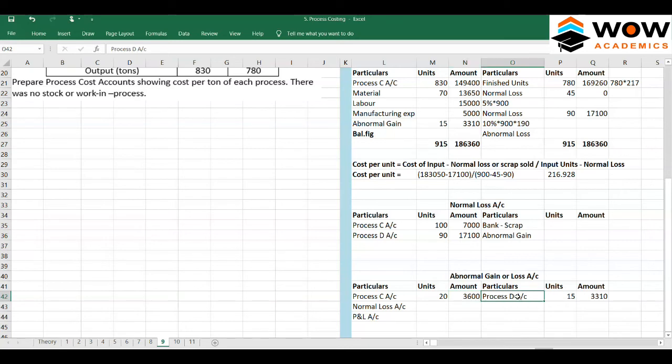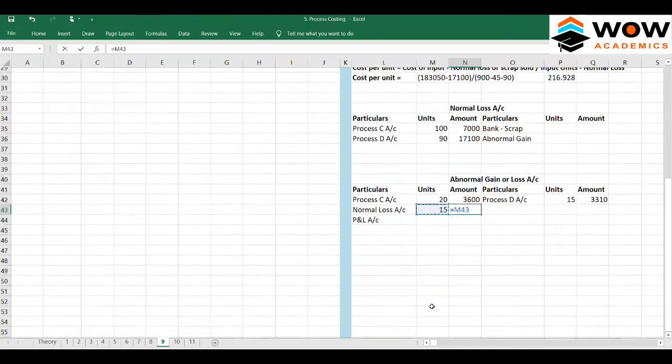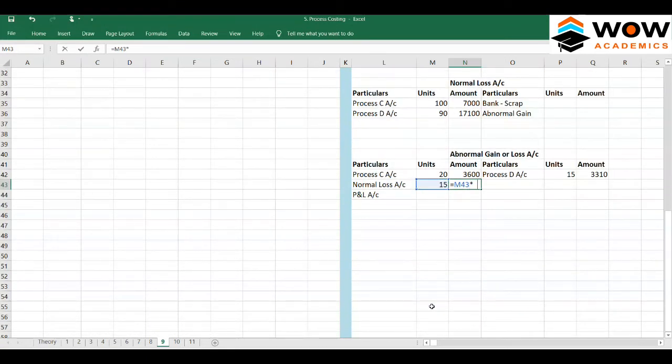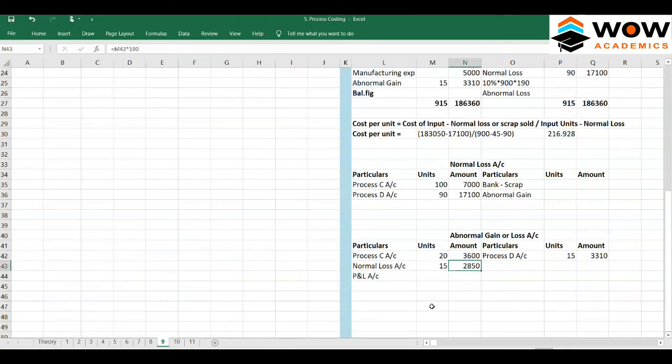This abnormal gain will reduce the abnormal loss which is already there. You have 15 units, and these 15 units could be sold for scrap. So what is the scrap value? Scrap value is 190 per ton. For 2850 you don't need to worry at all.